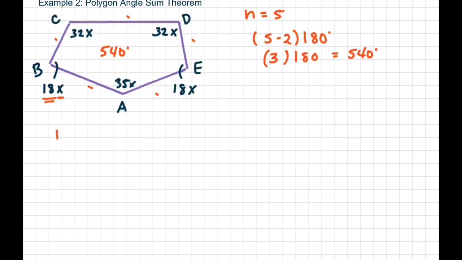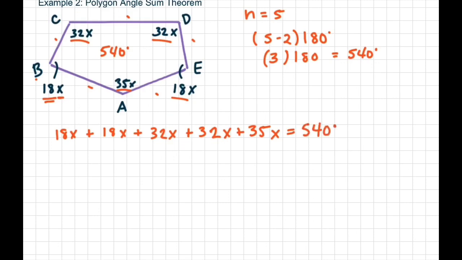We'll say 18x plus 18x plus 32x plus 32x plus 35x, and that equals 540 degrees.